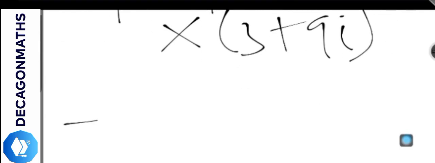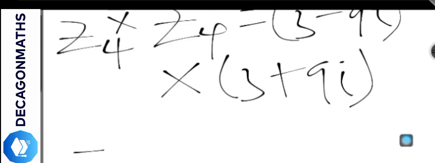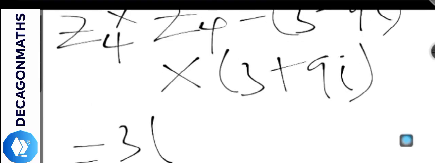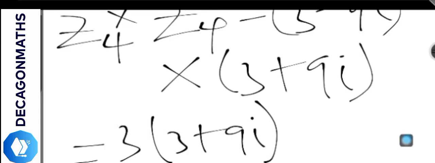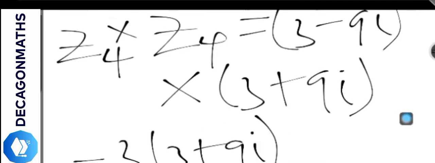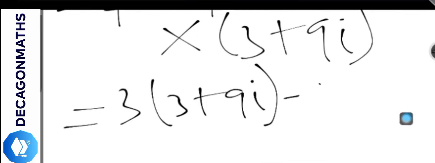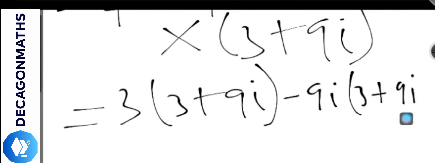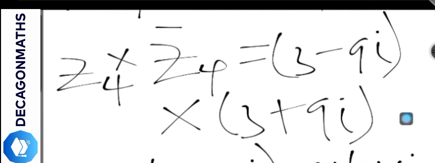So this equals 3 into bracket 3 plus 9i. Then we have minus 9i, we multiply 3 plus 9i.